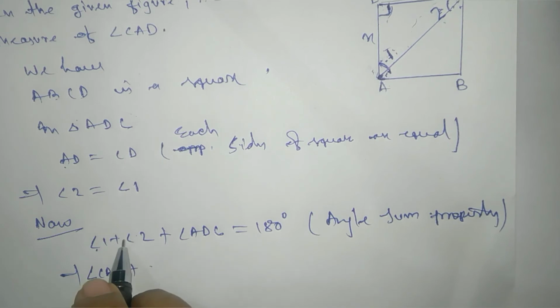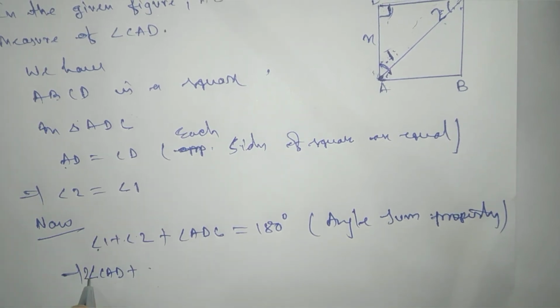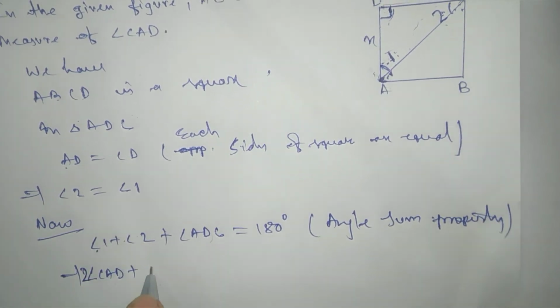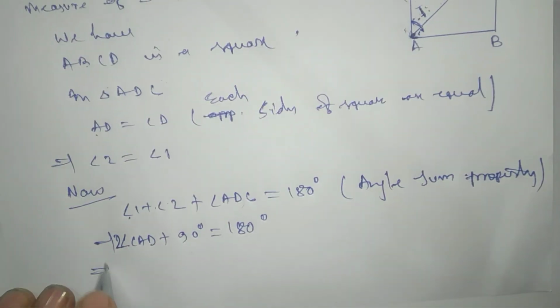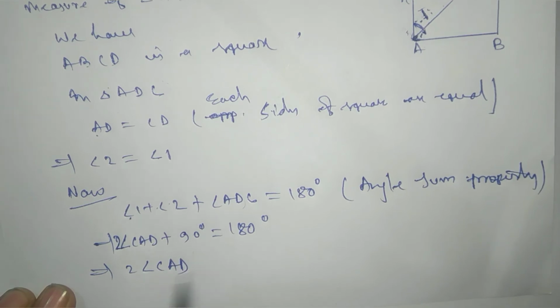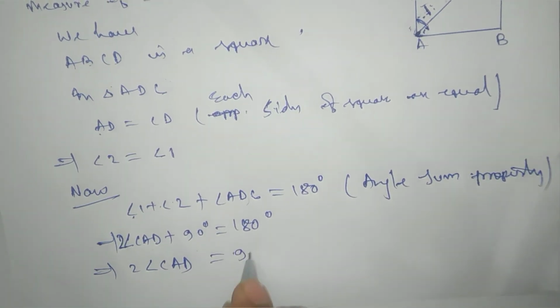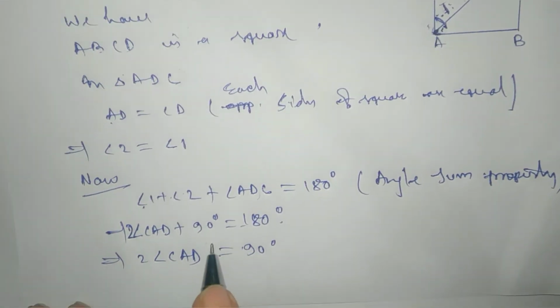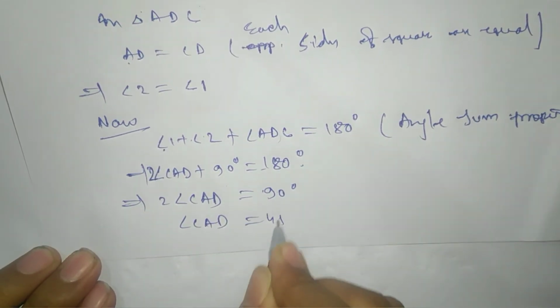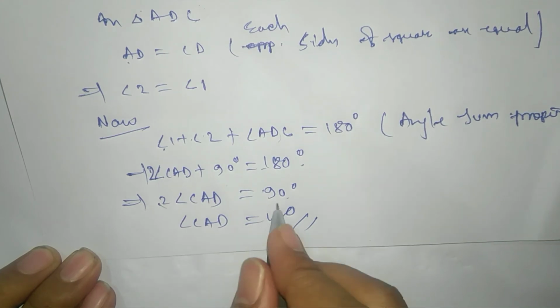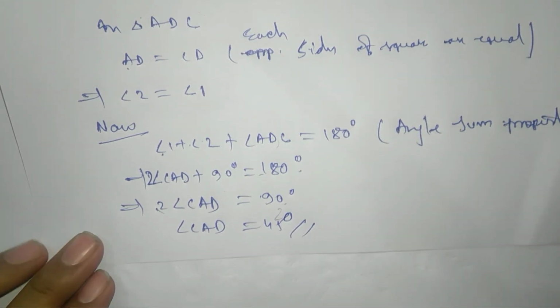So 2 times CAD plus 90 degrees equals 180 degrees. 180 minus 90 is 90 degrees, so 2 times CAD equals 90. Now angle CAD equals 90 divided by 2, which is 45 degrees. This is your answer.